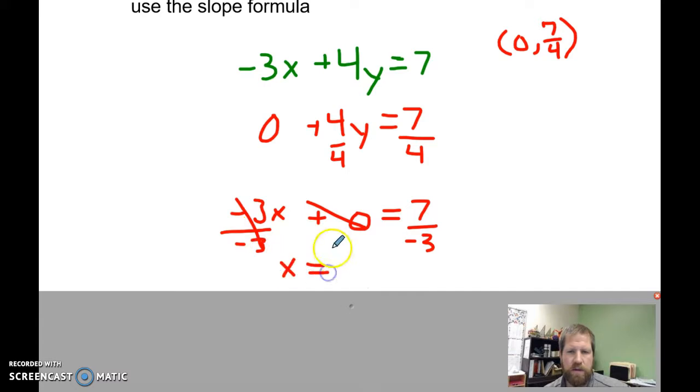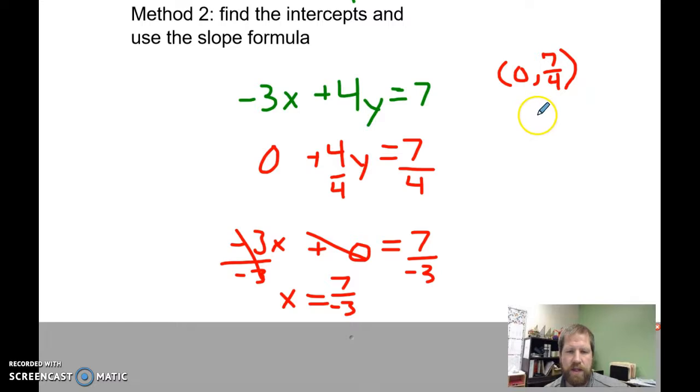X is equal to 7 over negative 3. So my x-intercept is when y is 0, x is negative 7/3. You can see what I mean when I say sometimes this can get messy.